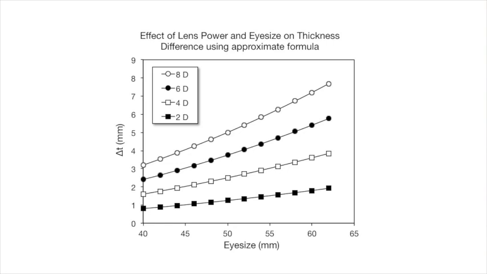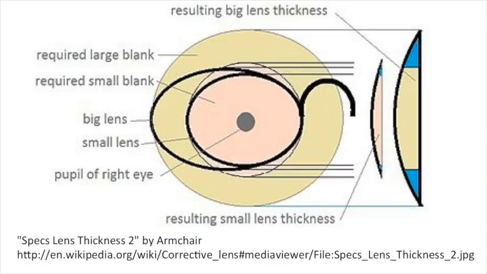In other words, the optical center is in the middle of the frame aperture. In reality, that's not the case, and this next slide, which is borrowed from Wikipedia with the full credit down the bottom, really demonstrates that. When we go from a relatively small eye size, we might have the optical center at the center of the eye wire.